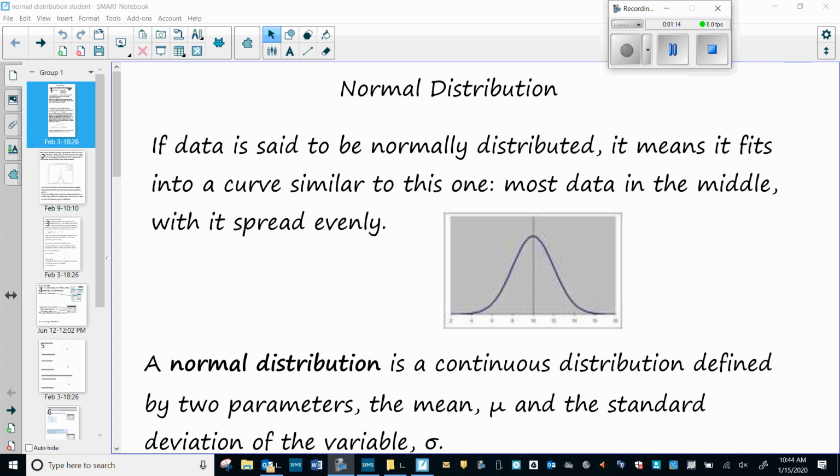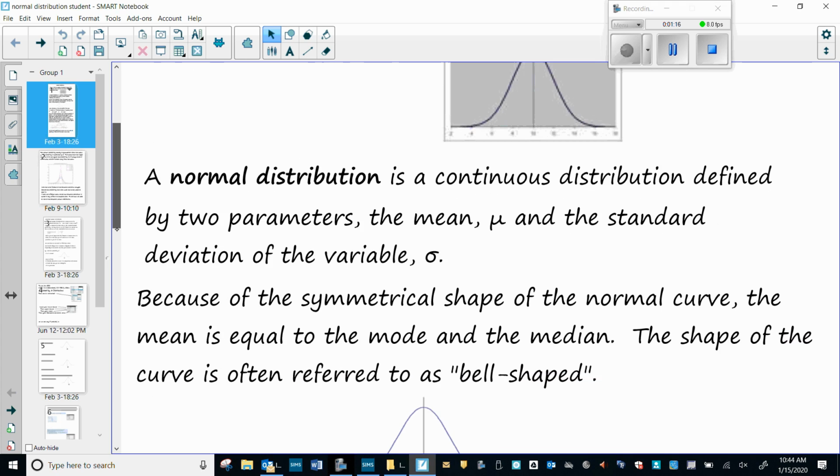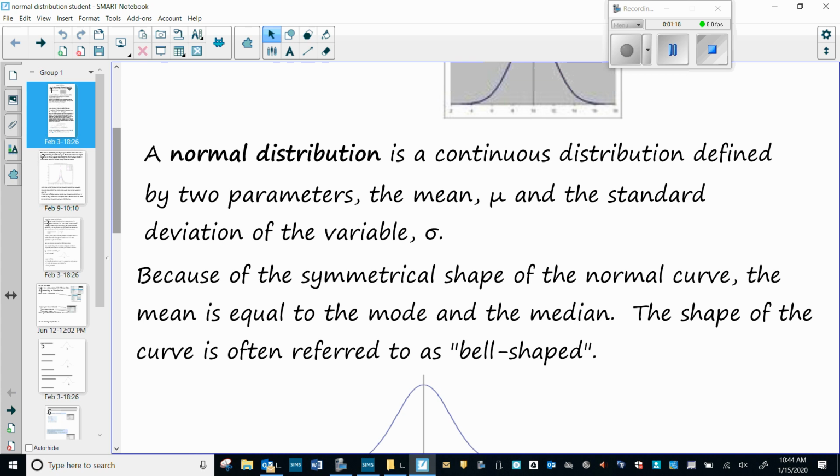We are always interested in the mean, which is allocated this. I always think it's an M, loads of other people think it's a U, so I think it's an M like that. So that's the mean. We're used to seeing the mean as x bar, yes? But this is going to be this one. And standard deviation, we should be familiar with that.